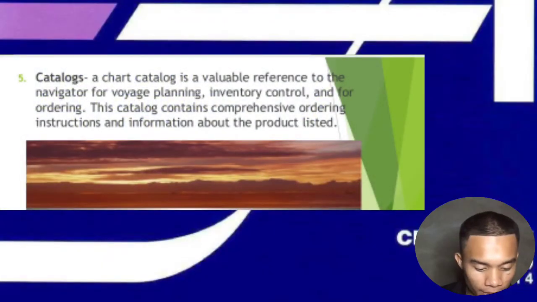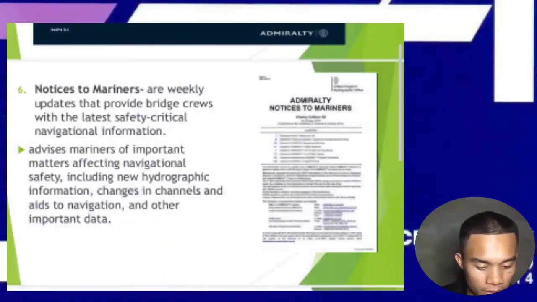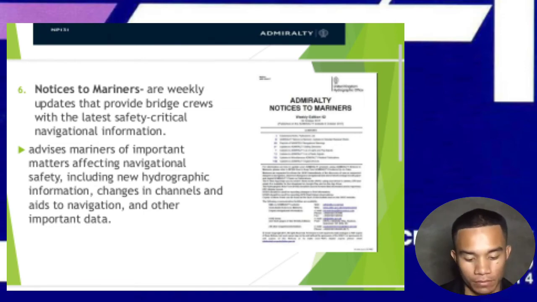Catalogs. A chart catalog is a valuable reference to the navigator for voyage planning, inventory control, and ordering. This catalog contains comprehensive ordering instructions and information about the products listed. Notices to Mariners are weekly updates that provide bridge crews with safety critical navigation information.